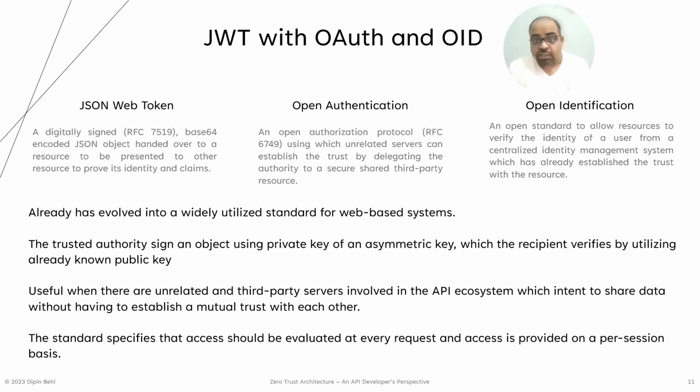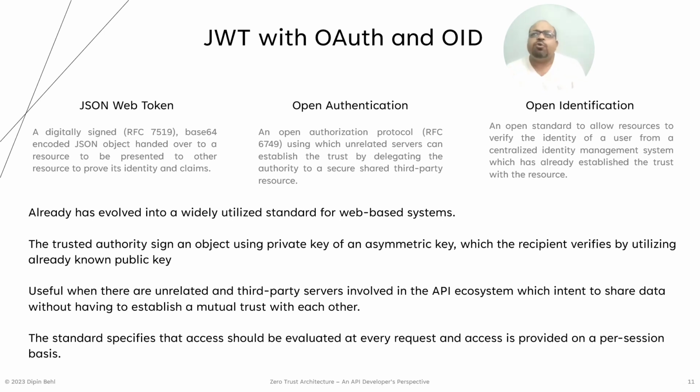When I say open, it's because it's human readable. Although they are base64 encoded, you can just decode them. They're all human readable, and yet they are considered very secure because they use asymmetric keys. So you sign them using a private key, and anybody with a public key can go and see if you signed it or not.